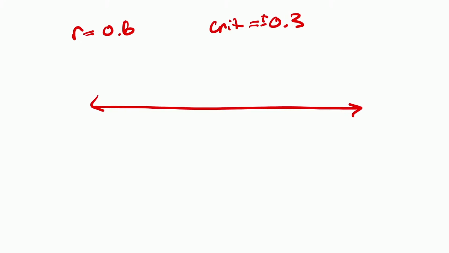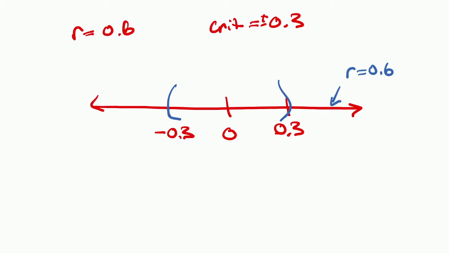So you'd have 0 here, one critical value at 0.3, the other at negative 0.3. As long as you're outside this range, that is more extreme, and it means you have a significant correlation. If you're inside this range, you don't have a significant correlation.